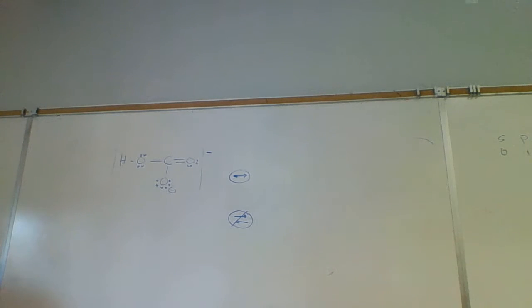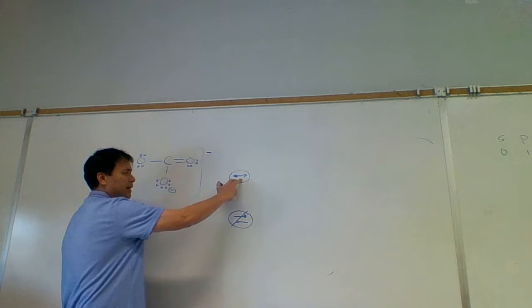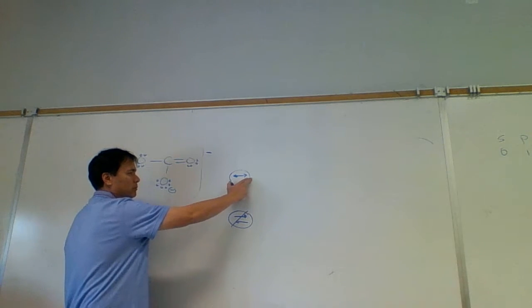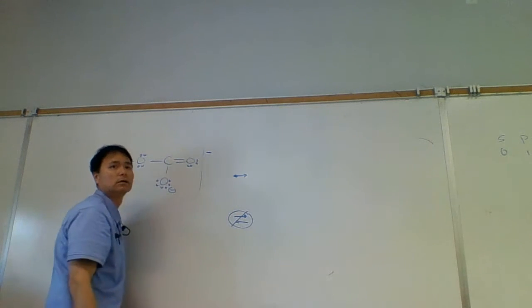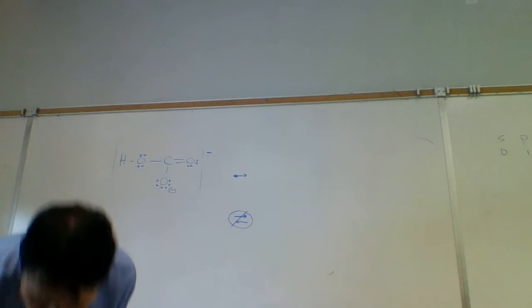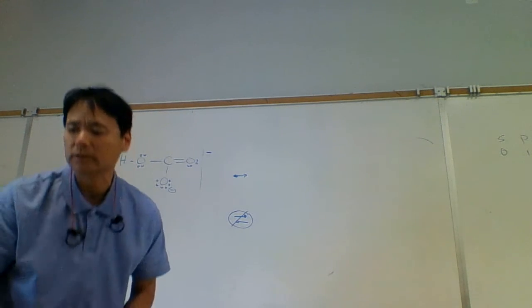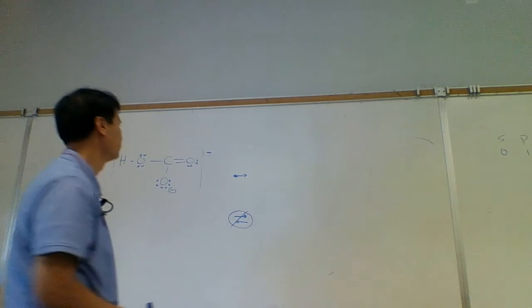Very few people have photographic memories. Double-headed arrows are only reserved for resonance structures. This is why I talked about it at that time, but it's been a while, so maybe you forgot about it already.